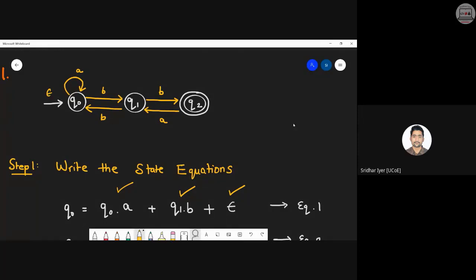What else? It is a start state, therefore there is an epsilon added to it. Okay, clear with this? Kindly let me know if you have any doubts.